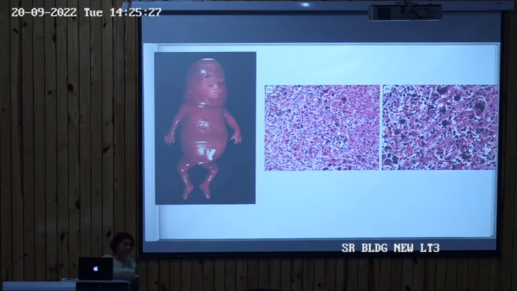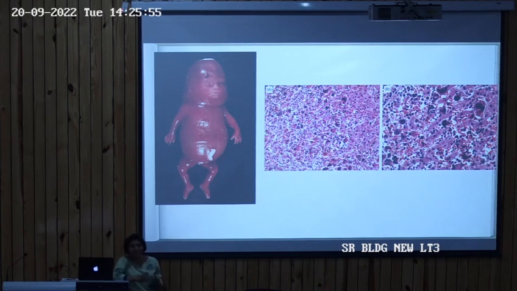So what do you mean by the term non-immune? See, immune is when you have an Rh positive and Rh negative mother and father, and they have not taken that prophylaxis and the baby is born, so it is having that problem. Now non-immune is mostly related to stillbirth or some insult during the maternal pregnancy, like the mother having some hormonal deficiency, or she has taken some pills which she is not supposed to take, or during the delivery, a cesarean section or forceps delivery or vacuum delivery is causing insult to the baby.